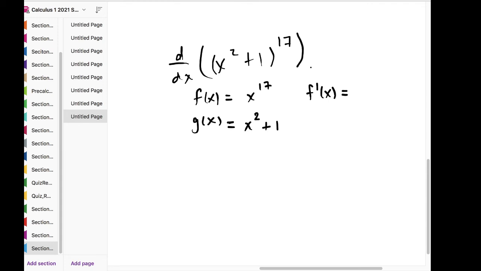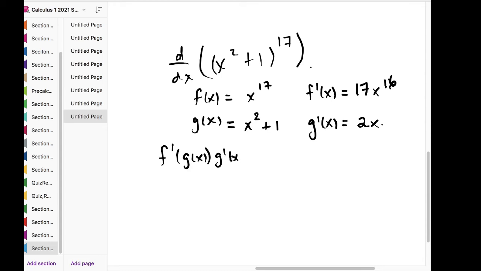And what's g prime? Good, f prime is 17x to the 16th. This is the power rule. And g prime is 2x. Good. So now you plug it into your formula. And we get 17, plug in g, to the 16th power, and then times g prime. Okay, so we're rearranging it to make it look nicer. 17 times 2 is 34.